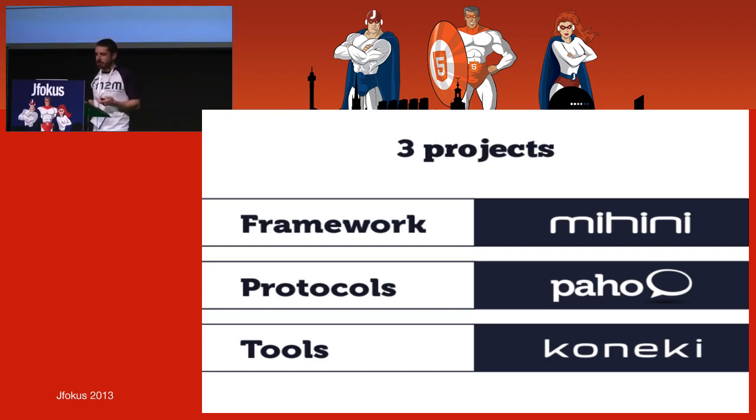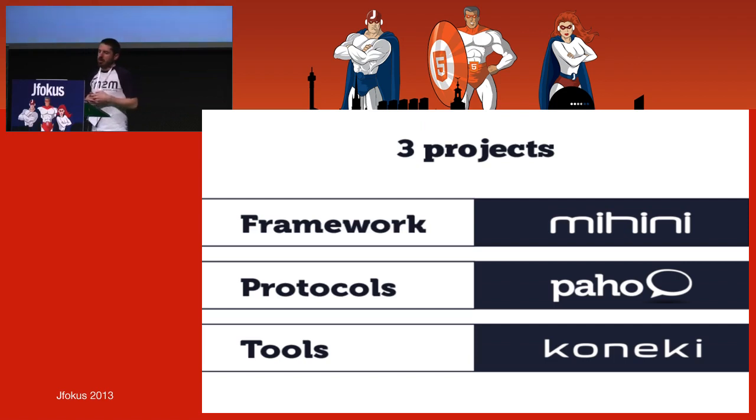So that's basically the 3 projects, and the idea is really to address the most painful problems of M2M development. First of all is the embedded programming. When you build an M2M solution, you are on a very constrained device, so you have to deal with low-level C development.